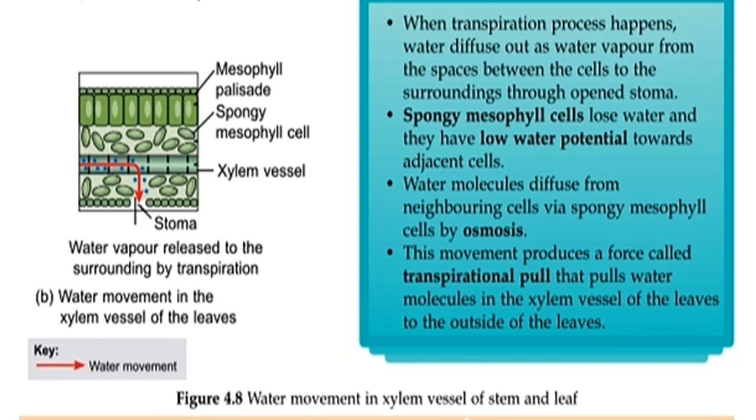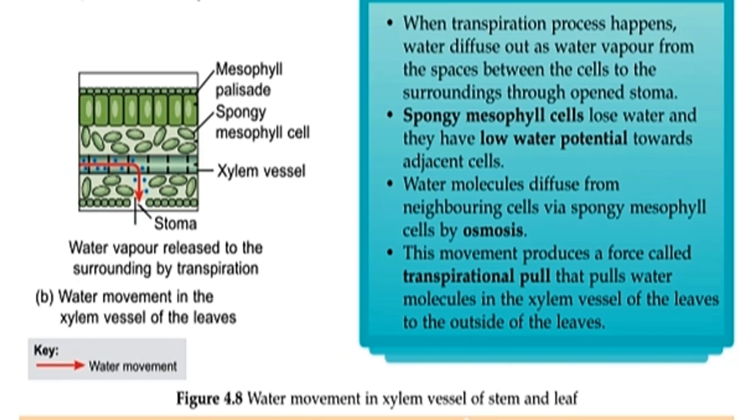So when transpiration process happens, water will diffuse out as water vapor from the spaces between the cells to the surrounding through open stoma. So sini spongy mesophyll cells will lose water and they will have a low water potential, okay, berbanding dengan adjacent cells. Okay, water molecules diffuse from neighboring cells via spongy mesophyll cells by osmosis.